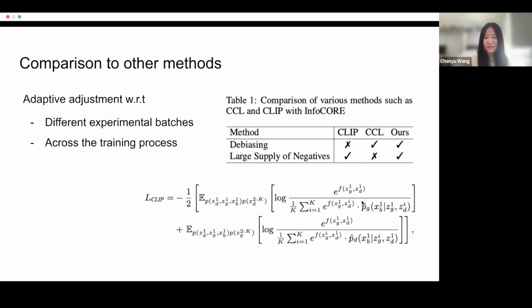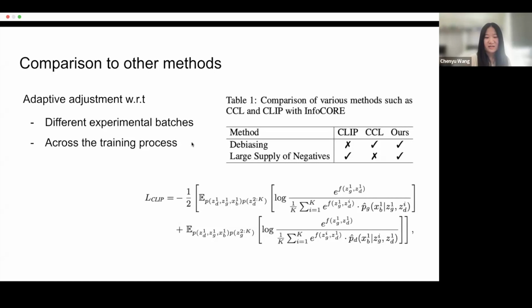Also, because these posterior batch distribution reweighting factors are calculated within the training process, it is a very flexible adaptive adjustment with respect to both different experimental batches and also across the training process.